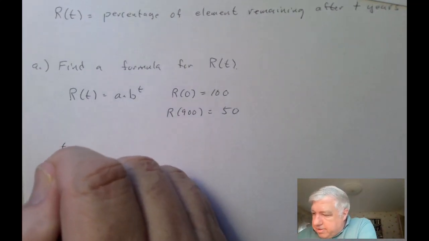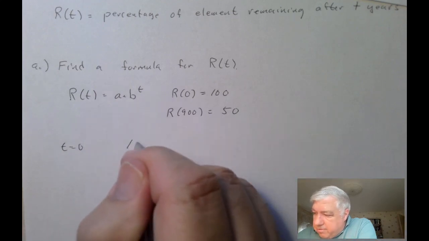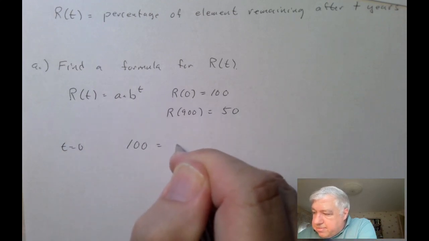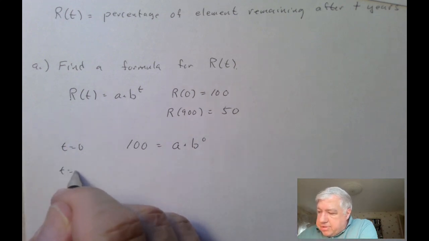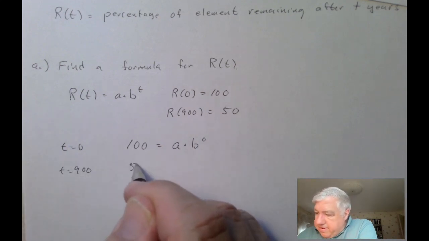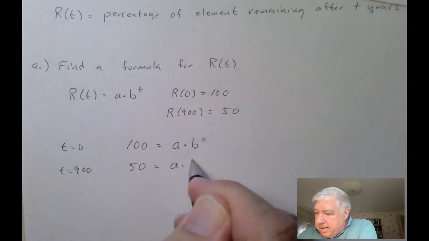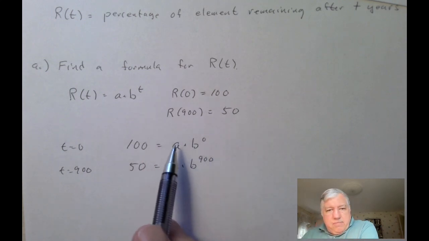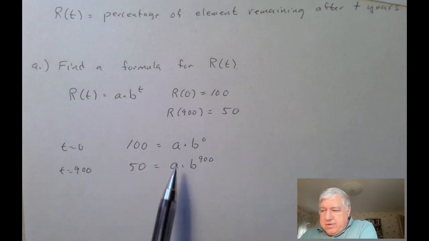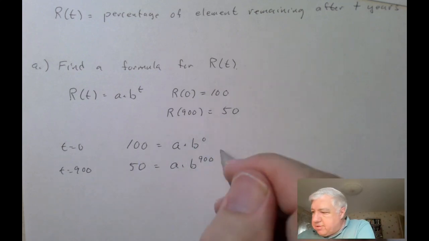So when t equals 0, we have 100 is equal to A times B to the 0. And when t equals 900, 50 is equal to A times B to the 900. And from this equation we get 100 is A times 1, so A is 100.